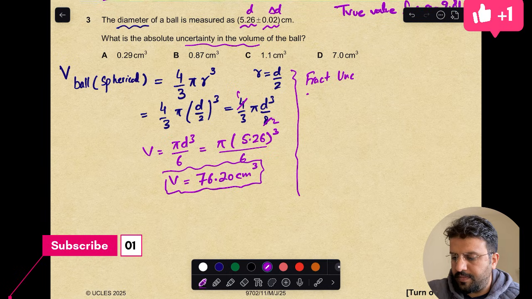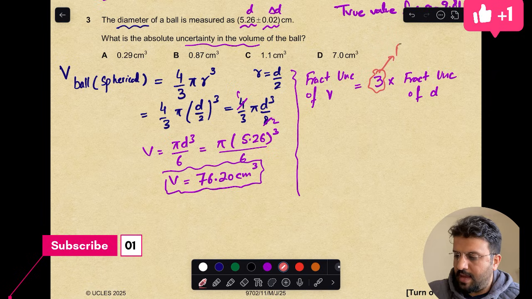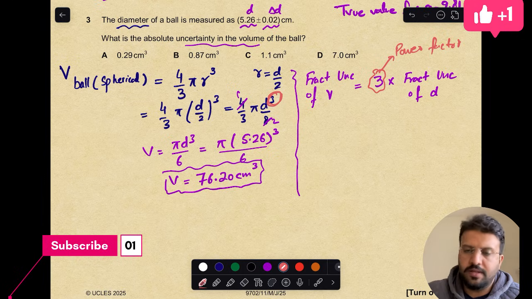So we know the fractional uncertainty of V is equal to 3 times the fractional uncertainty of D. Why 3 times? This is called the power factor, because there is a cube on the diameter, so a 3 will come.